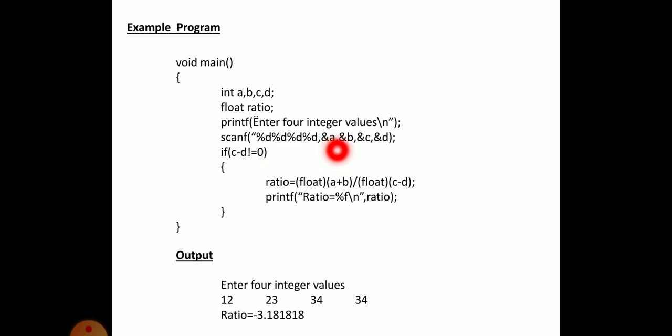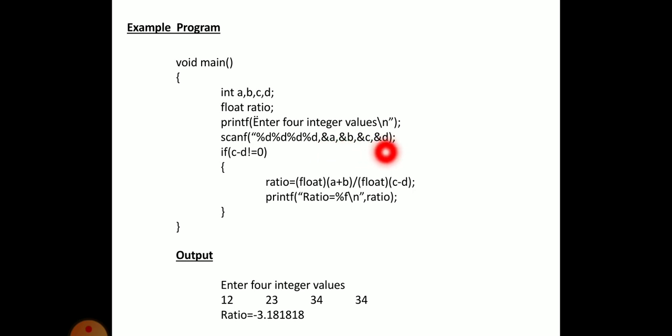Here we have to accept the values for 4 integer variables, so we make use of 4 %d symbols followed by a comma and &a, &b, &c and &d. That means the values accepted are assigned to A, B, C and D respectively.